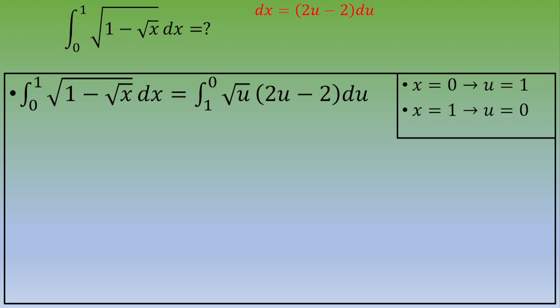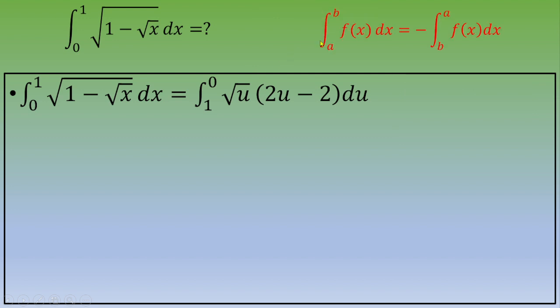So now we've got a problem with boundaries. There is a rule we know: if you want to flip boundaries, you need to add a minus sign. Or the reverse way, if you've got a minus sign, this is exactly the same as flipping boundaries.